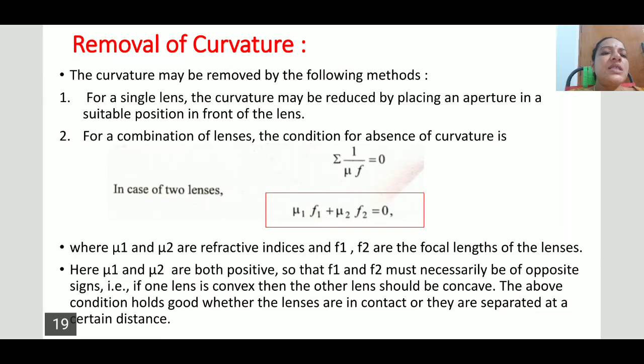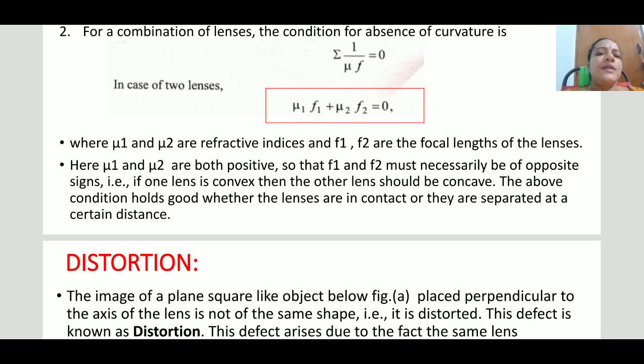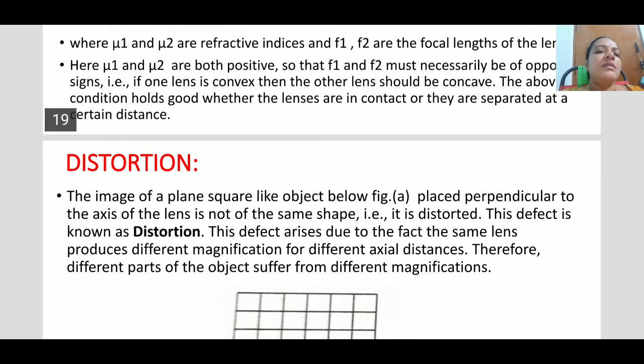To remove this curvature, we place an aperture in a suitable position in front of the lens, and for a combination of lenses, we use the Petzval condition, that is mu1 f1 plus mu2 f2 is equal to 0.